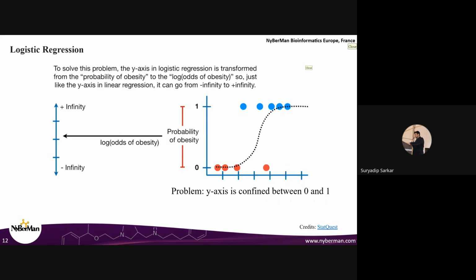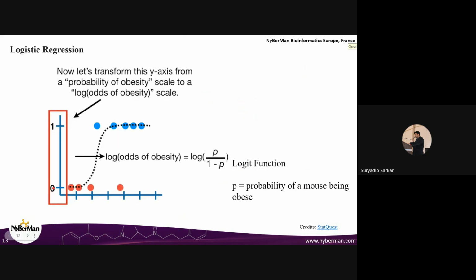So this is exactly how we are mapping this problem onto the log of odds of obesity. We will see how we exactly do this, and we convert the y-axis from a probability axis to a log odds axis. The log of odds has a range between minus and plus infinity.